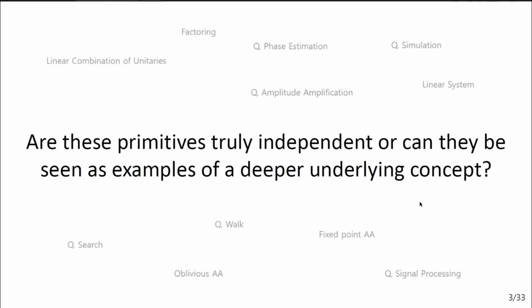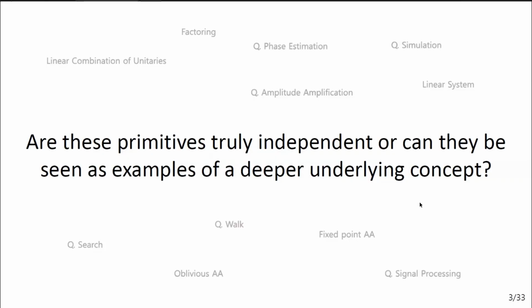I want to start my presentation by asking a question. You may already have heard of several quantum algorithms such as quantum phase estimation, quantum amplitude amplification, quantum simulation, and the linear system algorithm by HHL, and so on.